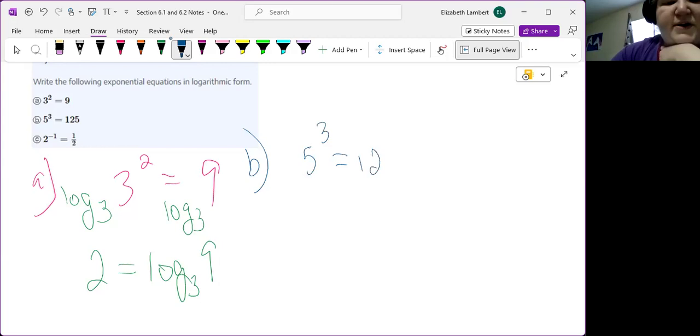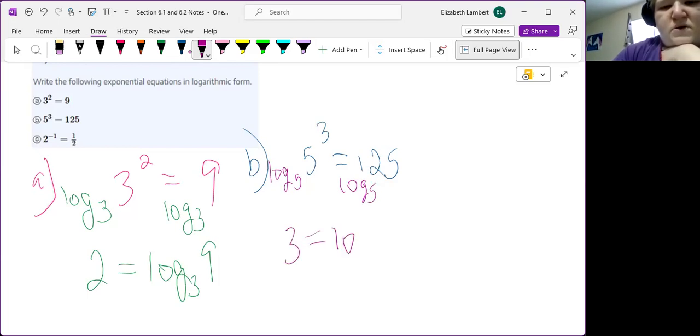Five to the third is 125. So I apply log base 5 to both sides. 3 equals log base 5 of 125.